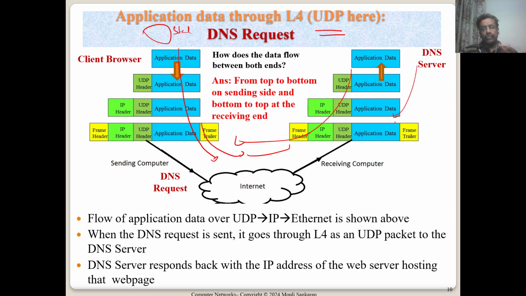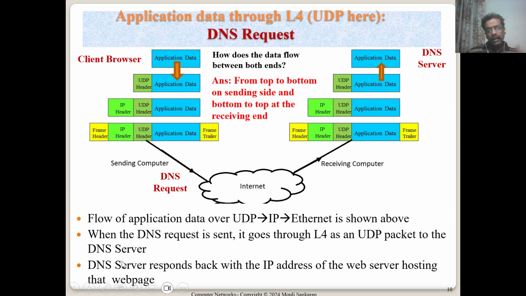Suppose you send a UDP request and it doesn't get a response. What do you do? The application times out on this side and sends another UDP request. It may try multiple times, but there is no acknowledgement for every UDP packet delivery from the receiver side. So that is what I mean by connectionless.